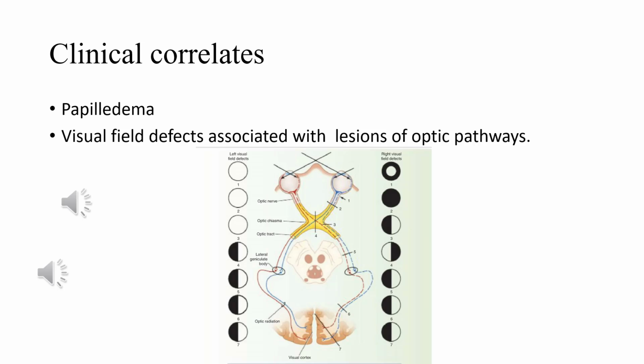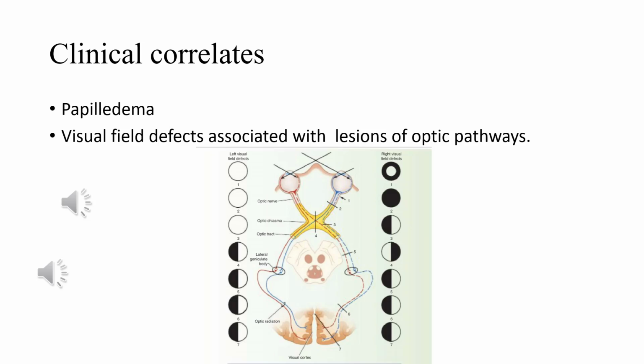So the loss will be the same as in the case of the lesion of the right optic tract: loss of nasal field of vision of the same eye and loss of temporal field of vision of the opposite eye. Then if the lesion is at the visual cortex, there is the same pattern, loss of nasal field of vision of the same eye and loss of temporal field of vision of the opposite eye.